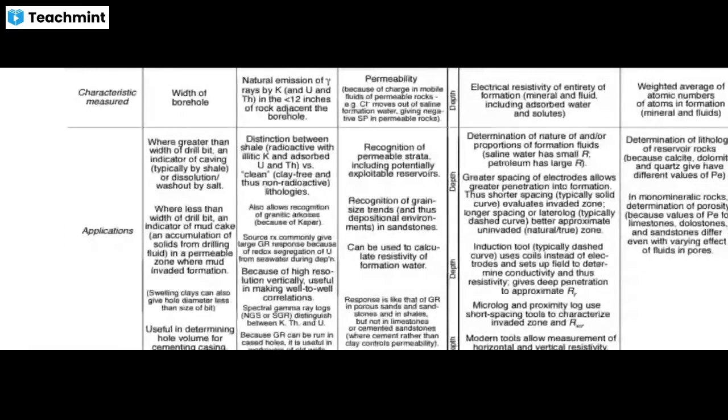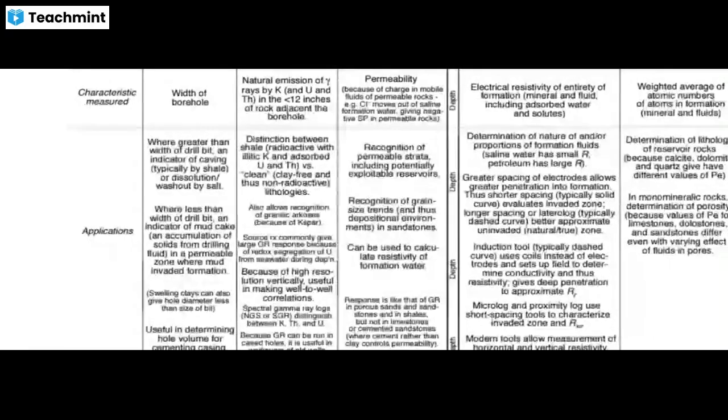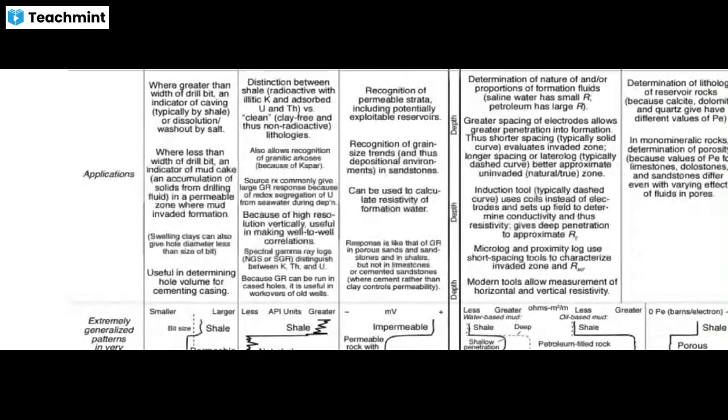Then we will go for the next table, applications. First one, we can see the caliper logs. Where the width is greater than the width of the drill bit, that is the shale reservoir or washed by salt, etc., and less than the width of the drill bit indicates deposition of some mud cakes, etc., for the permeable zones where the mud invaded the formations.